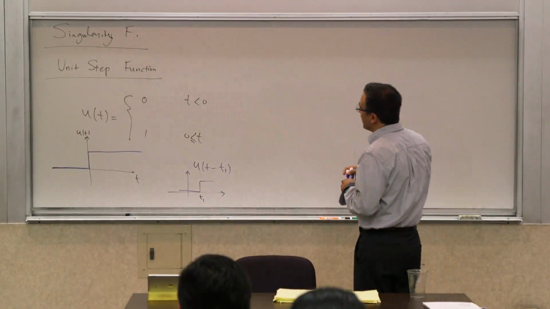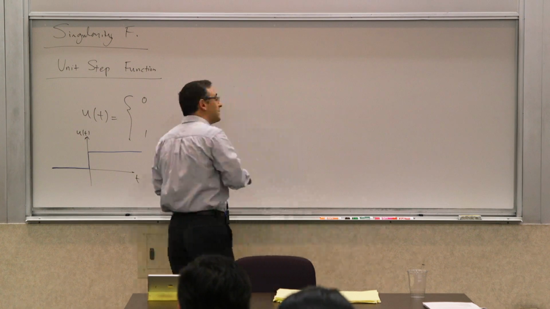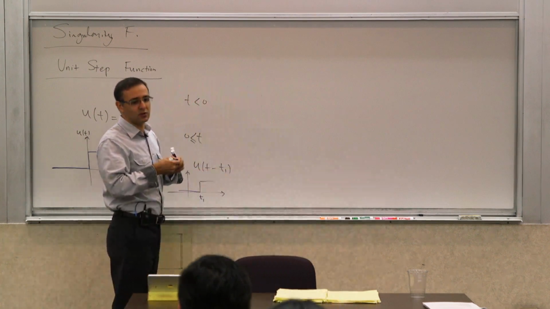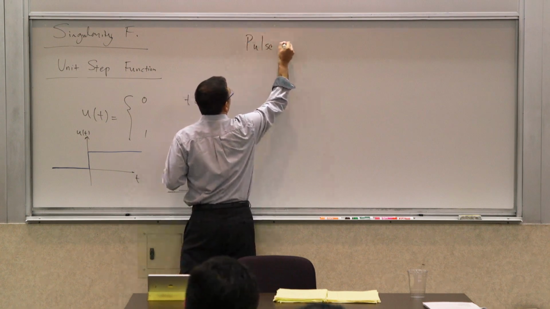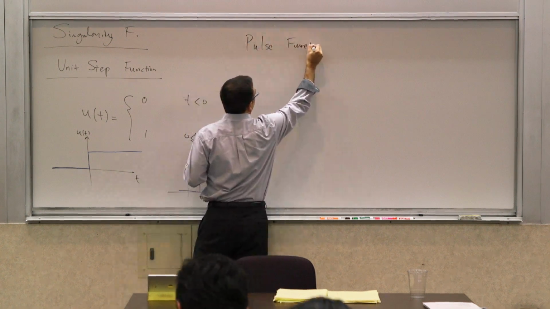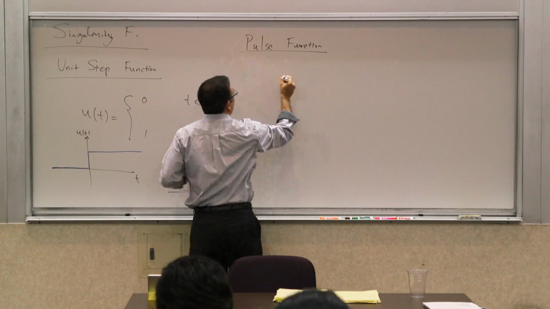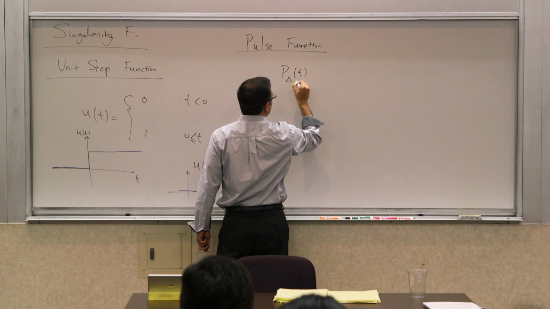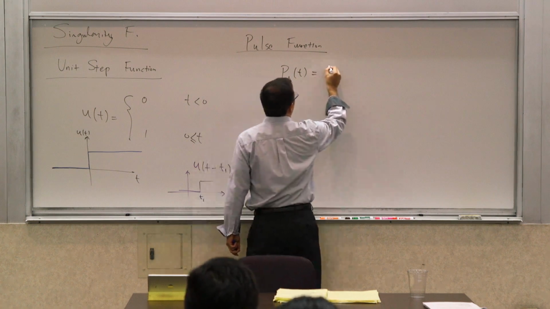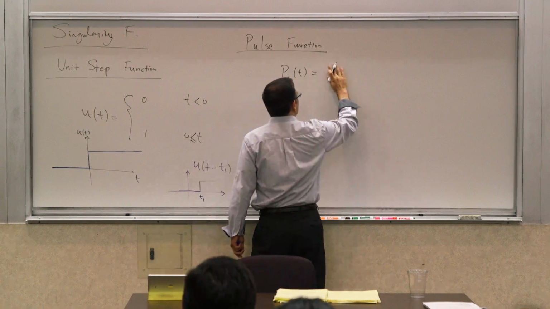So then we also defined this other function, which was the pulse function, right? We showed it as p sub capital delta of t. And it was defined, you could define it different ways.